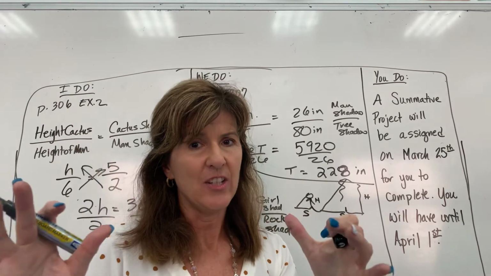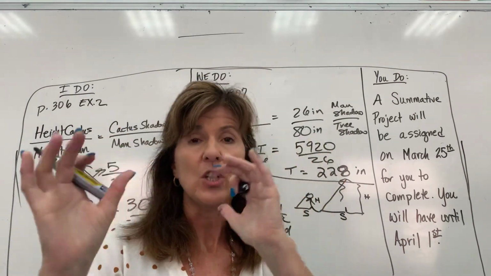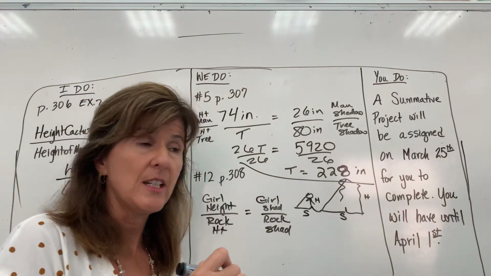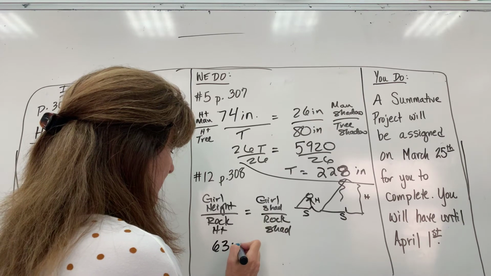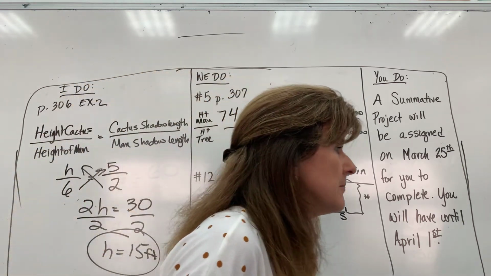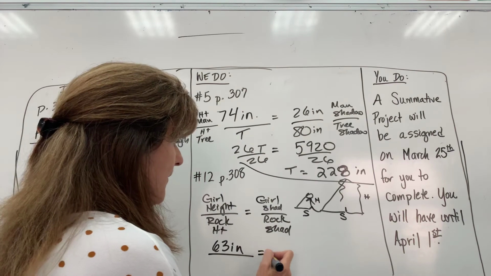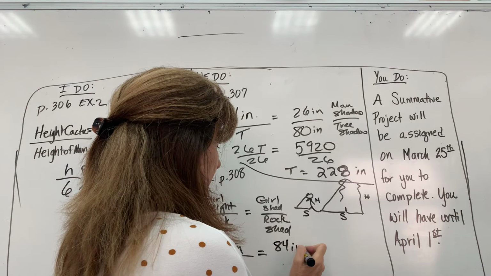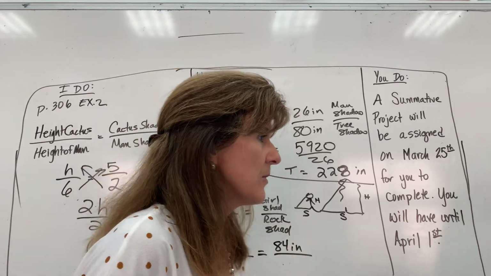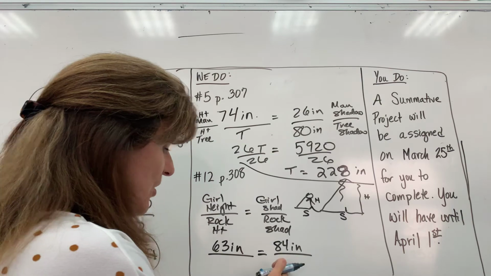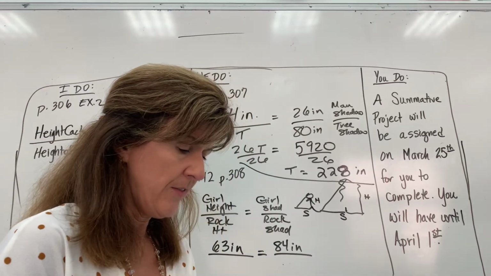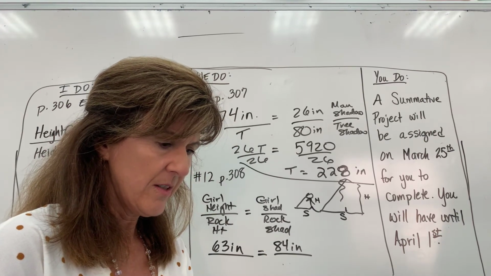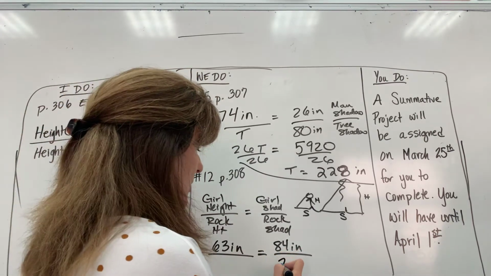Let's convert all that to inches, it's just easier to deal with the same unit. 5 feet is 60, so it'd be 63 inches. The girl's shadow is 7 feet. 7 times 12 is 84 inches. And the rock shadow is 21 feet. 21 times 12 equals 252 inches.